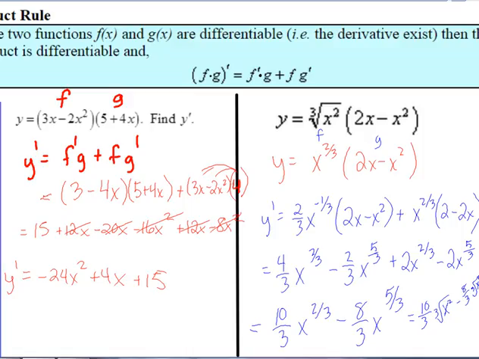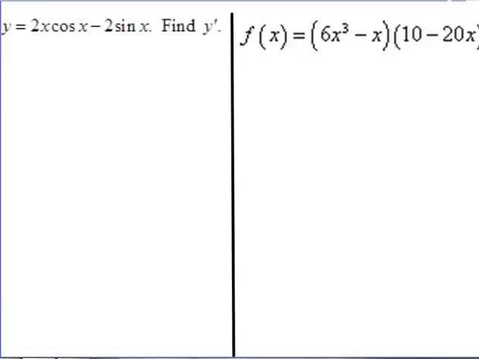Kind of ran out of room there. It can get tricky, guys. You just have to know what you're doing. Just go piece by piece. Make sure you can add, subtract, and multiply fractions. So, product rule, product rule. See if you can do these.